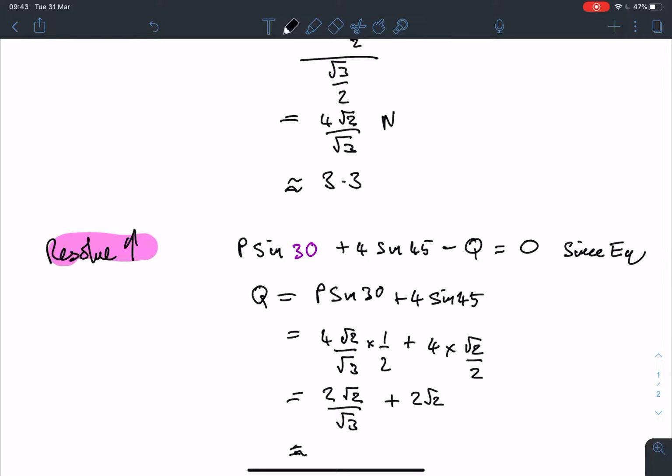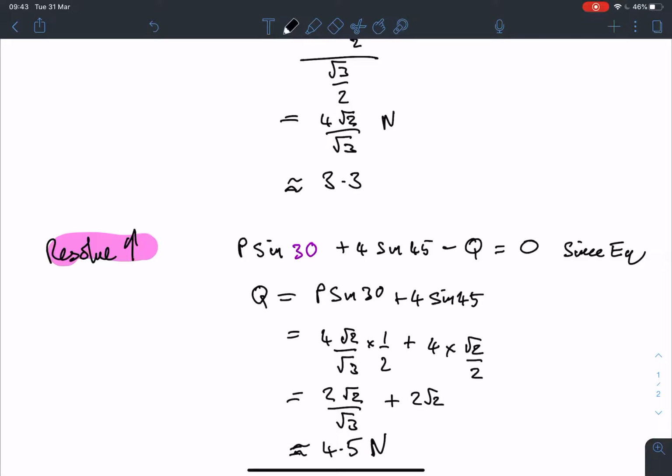So that's going to come out to be approximately, what would we get for Q? Roughly 4.5-ish, I reckon. So you can chuck that in a calculator and check the detail.